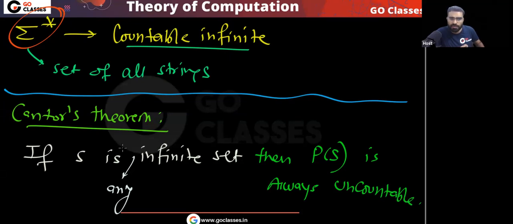This is what we have seen in Cantor's theorem. So from Cantor's theorem, you can easily see that if S is any infinite set, then the power set of S will always be uncountable.